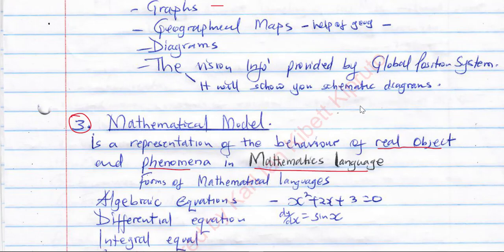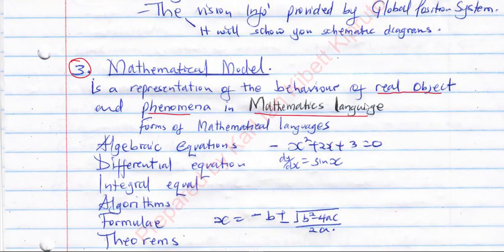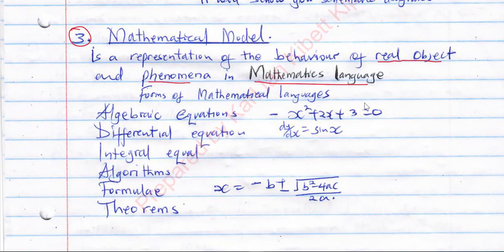For example, here we have an algebraic equation, which can be represented as x squared plus 2x plus 3 equals 0. Then you can have a differential equation where you say dy/dx equals sine x. Then you have an integral equation. We have algorithms.